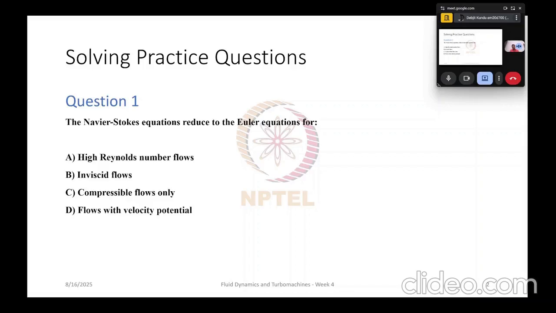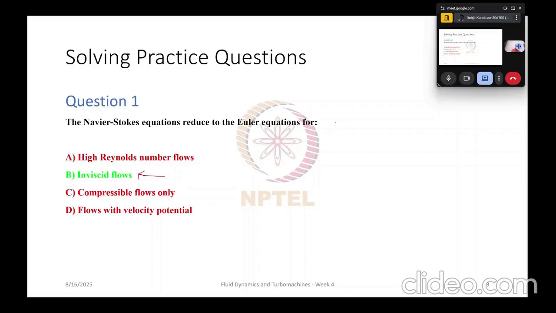Alright, so let's take a look at the solution. It's actually option B, inviscid flows. So under inviscid conditions, the Navier-Stokes equations boil down to the Euler's equation.